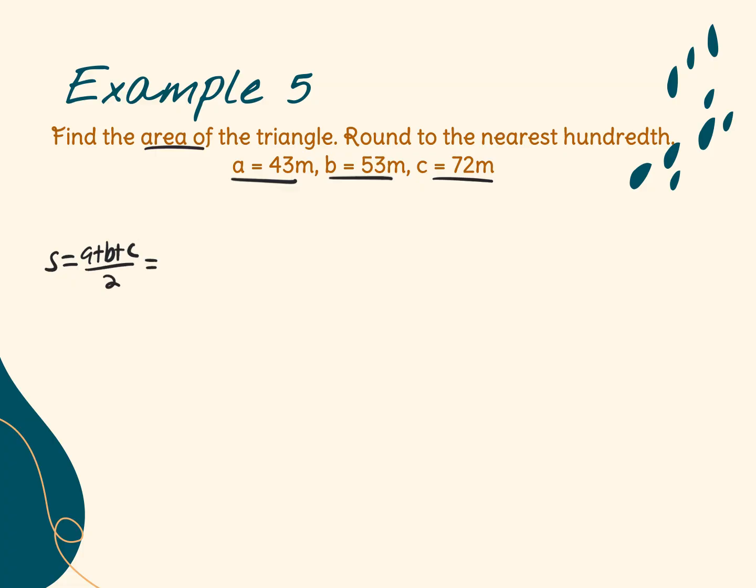So plug all those numbers in. We should get 43 plus 53 plus 72. Divide all of that by 2. Again, looks very straightforward, but this is where a lot of you make a little mistake in your calculator.